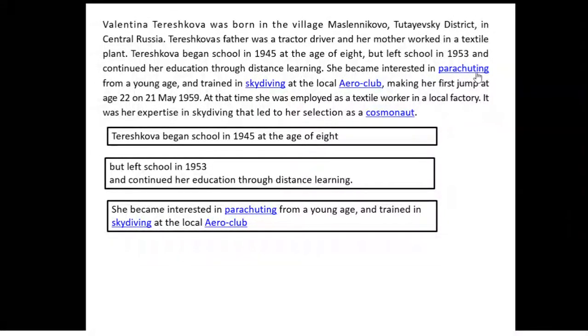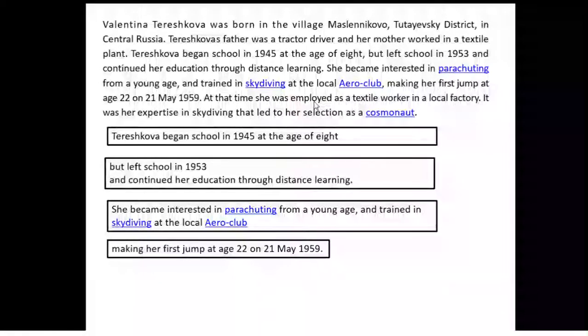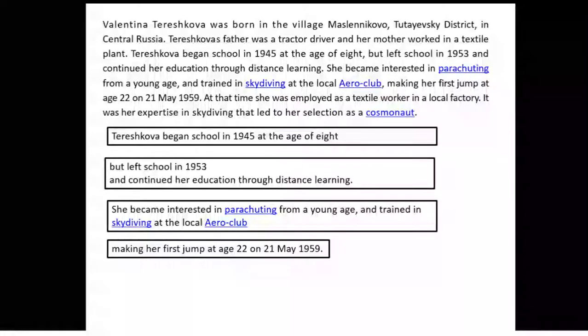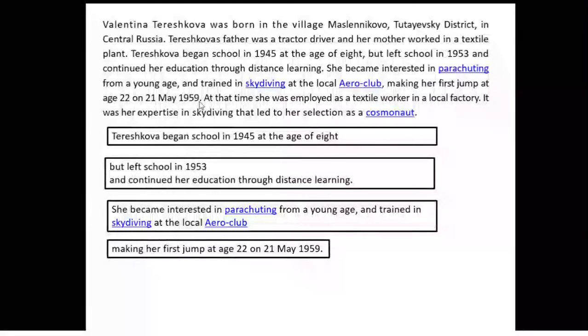She became interested in parachuting from a young age and trained in skydiving at the local aero club. Here you find another point, making her first jump at age 22 on 21 May 1959.